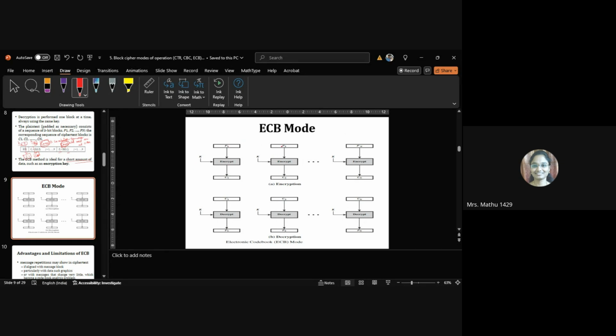All these plain text blocks are individually encrypted using the same key, and you get the ciphertext as blocks of the same length, C1, C2, up to Cn. The decryption process is also very simple. The ciphertext is decrypted using the same key, and you get the plain text blocks. So this process is very simple.